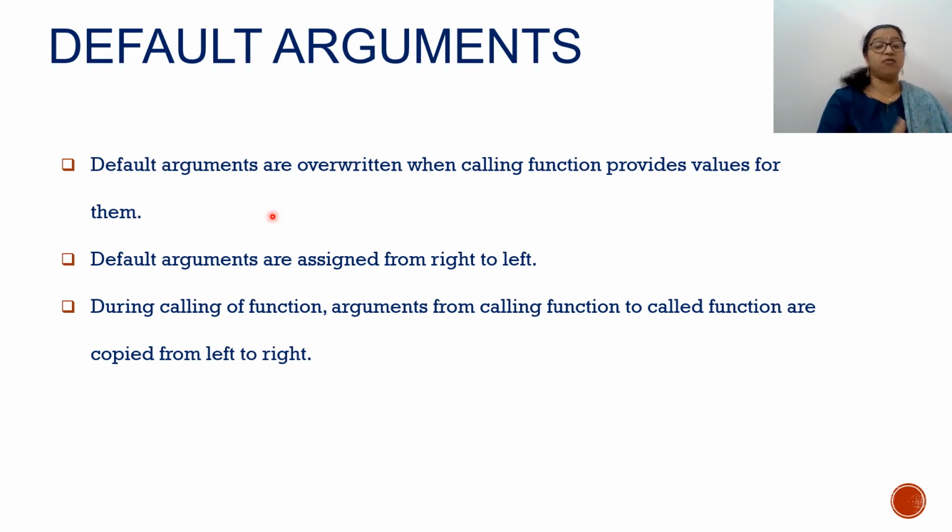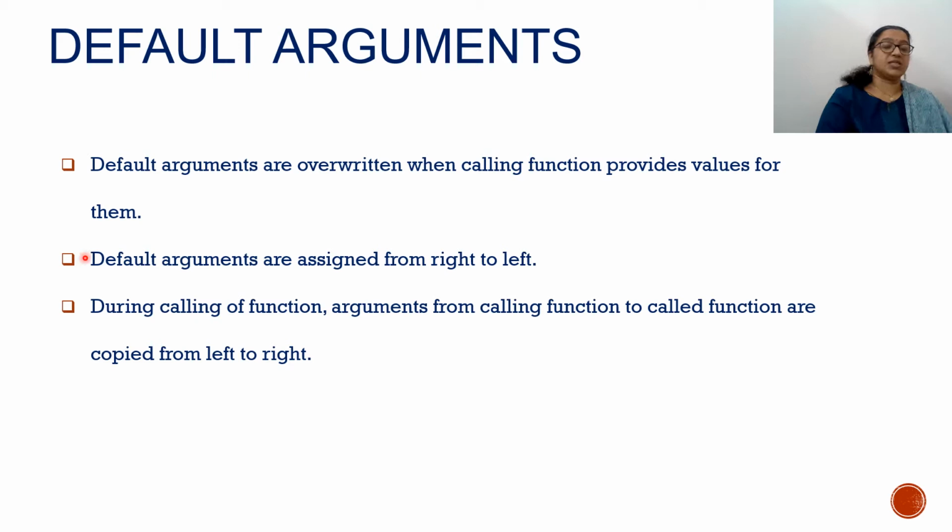So whatever values we assigned at the declaration time, when you are calling the function and you are providing values at that time, that new value will be assigned to the argument and the existing one will be deleted. Understood? That is the meaning of this point.